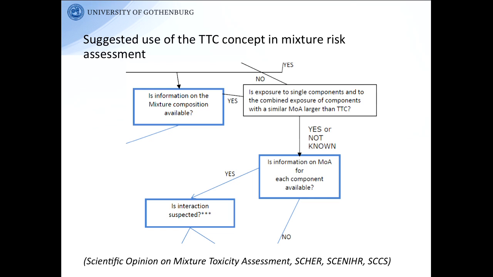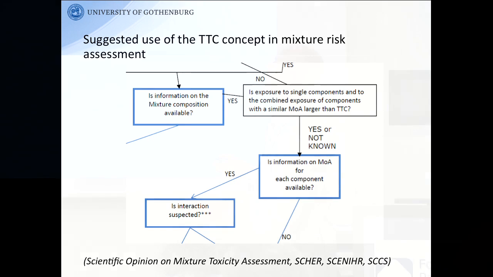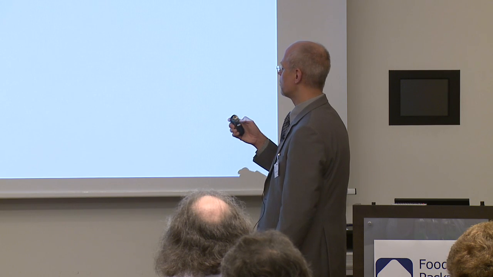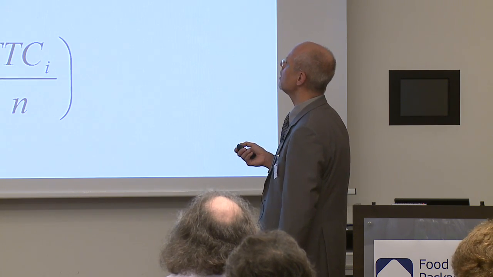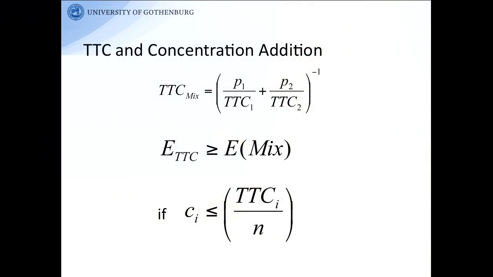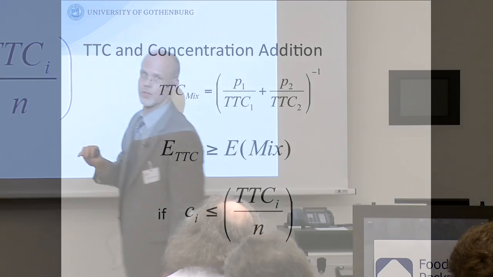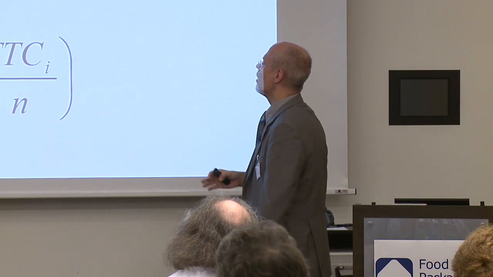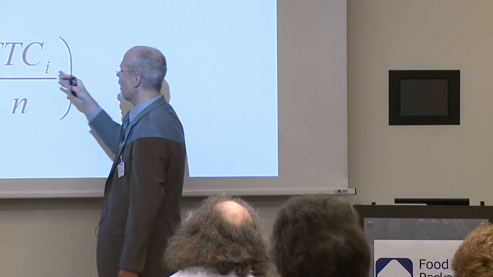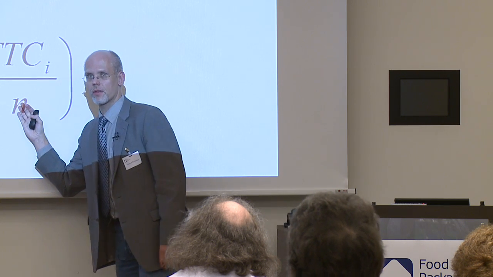The interesting thing is that concentration addition, the evil twin, so to speak, of independent action, makes life much, much easier. I'm not going into the mathematical details here, but if you want to ensure that the effect of your mixture is not higher than the effect of the TTC, which is what we want, assuming that we agree that TTC is protective, then what you have to do is take the TTC and divide it by the number of compounds.